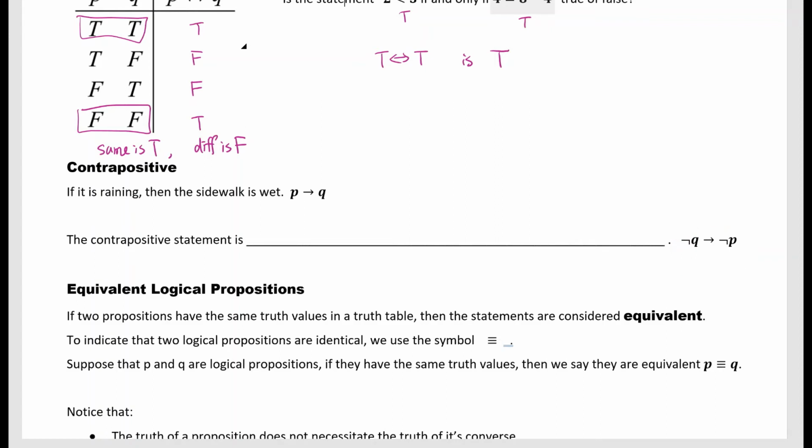So not Q. This is P, this is Q. Not Q means the sidewalk is not wet. And then, we forgot the if.